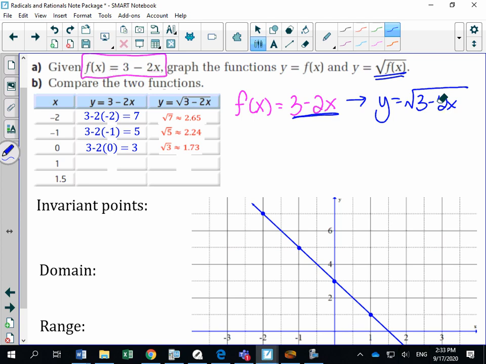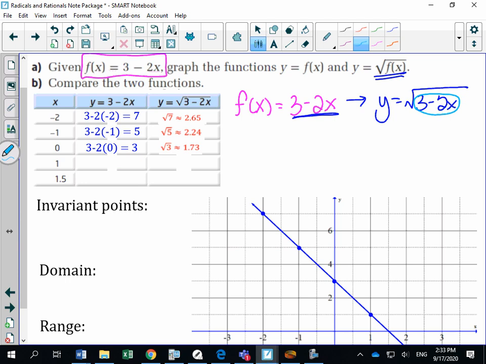So a few things I want to talk about before we start figuring out points. In order to figure out the domain of our radical function, we are going to look at the radicand.